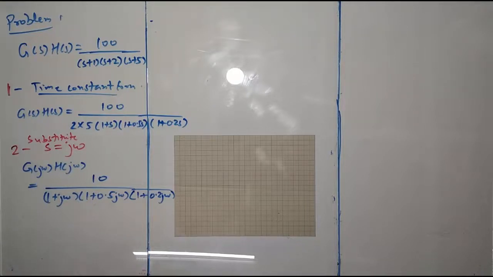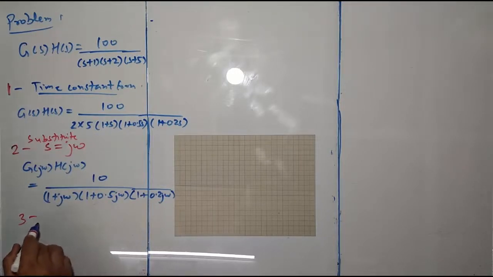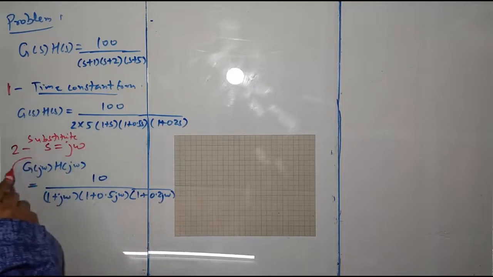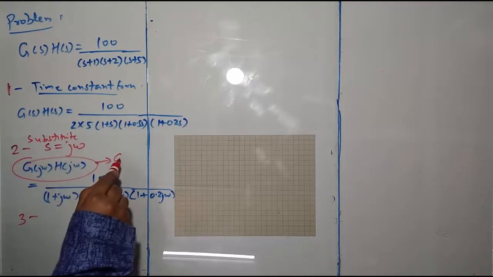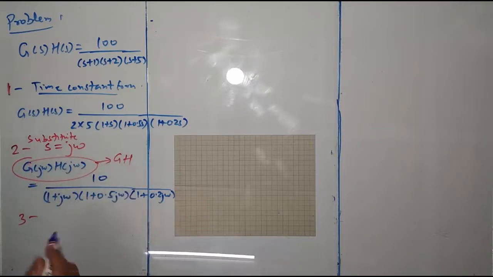The third step says to separate them into magnitude and phase. So you will be obtaining the magnitude of GH. Instead of writing j omega or s again and again, I'll be referring to this as GH.